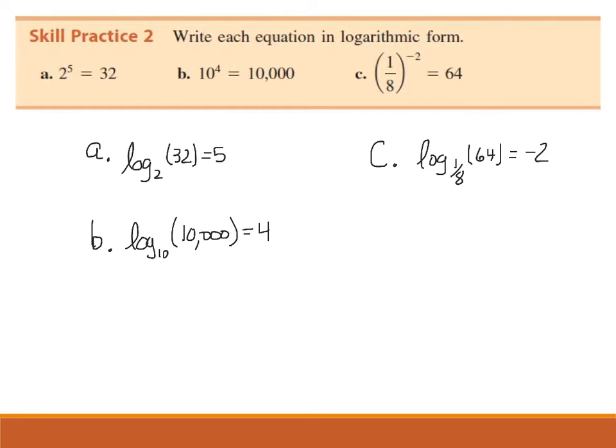Number B, which is 10 raised to the 4th power is equal to 10,000, is equal to log base 10 of 10,000 is equal to 4. In C, we have 1/8 raised to the negative 2 power is equal to 64. This is log base 1/8 of 64 is equal to a negative 2.